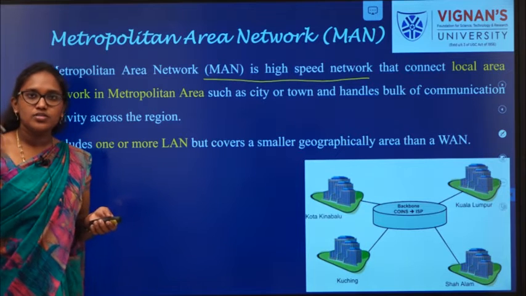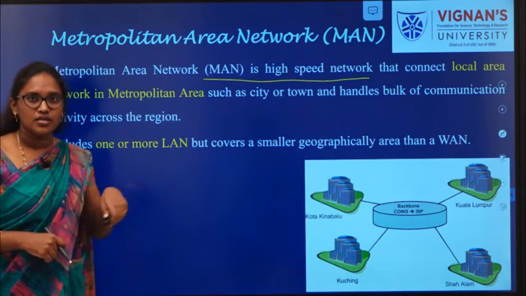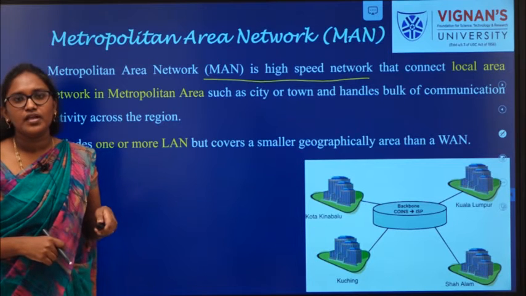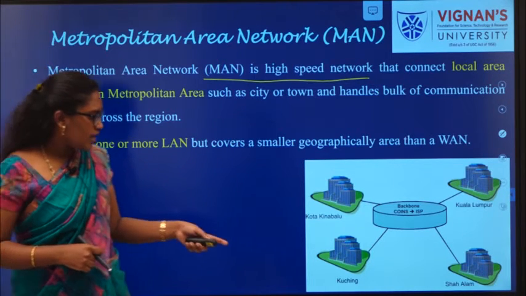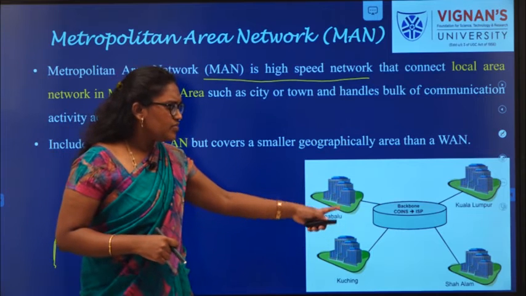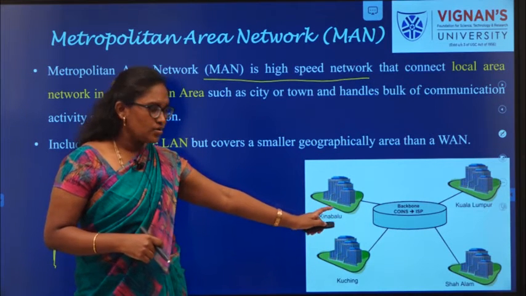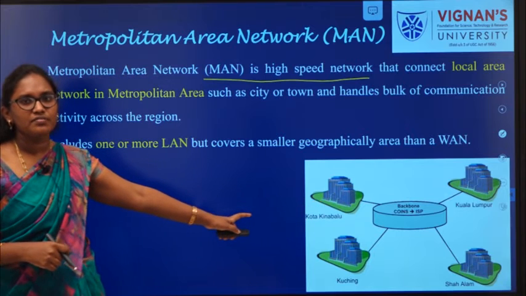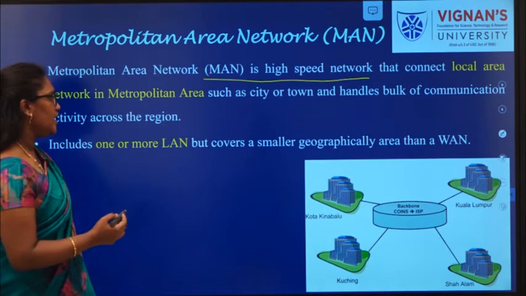That means outside this building also you can connect, but within this particular geographical location, within this particular state. So here I am having a diagram which consists of all the states of Malaysia, right? So all the states of Malaysia are connected to a metropolitan area network.